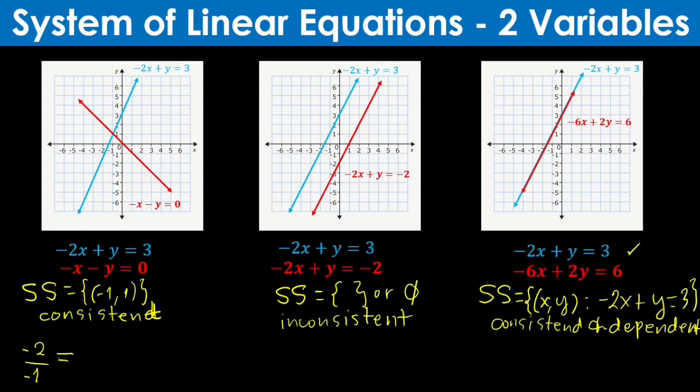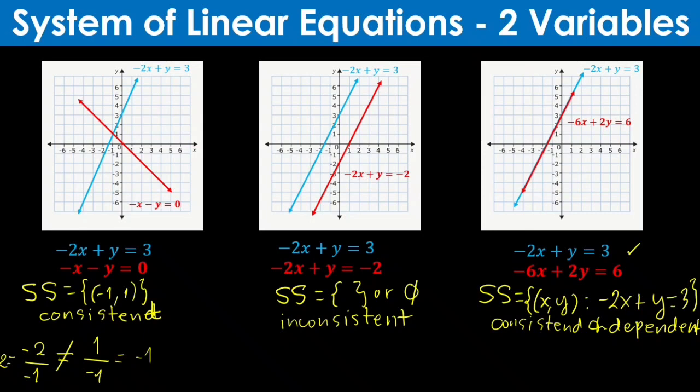Let's look at it here. This one here is +1 over -1. So, on the left side, that's equal to 2. And the right side is equal to -1, so they don't have the same ratio. That means it's consistent and independent.